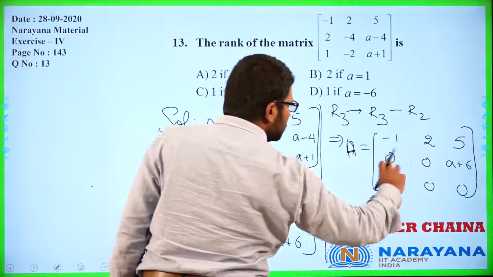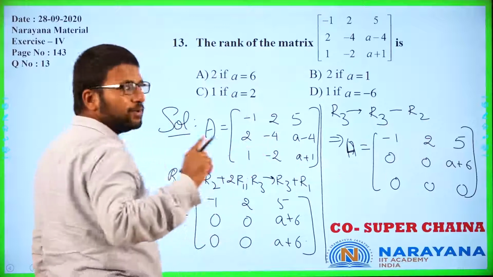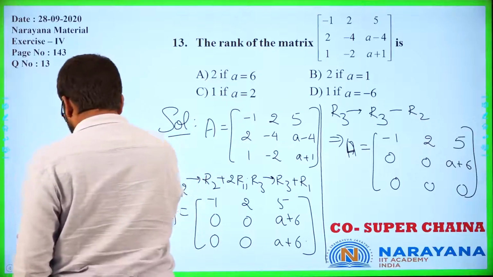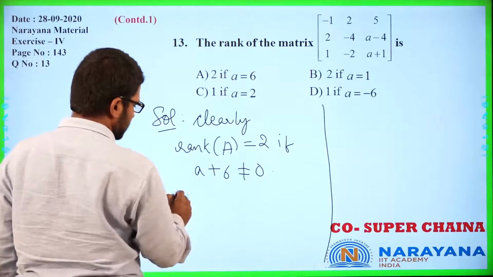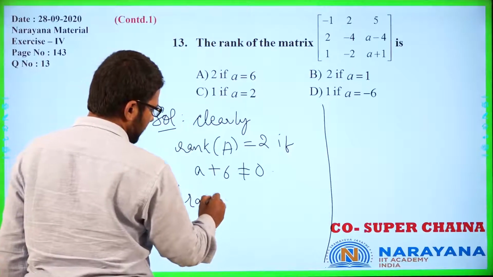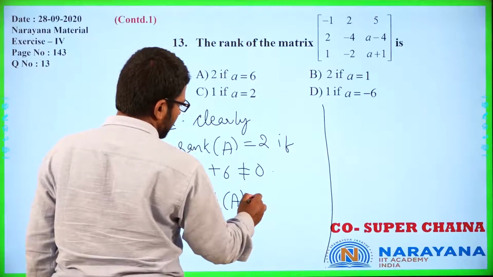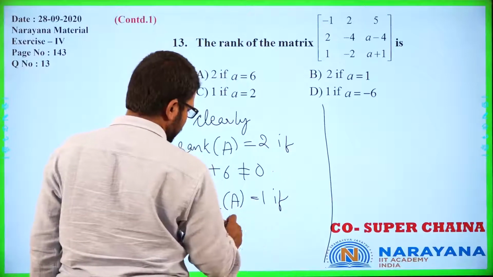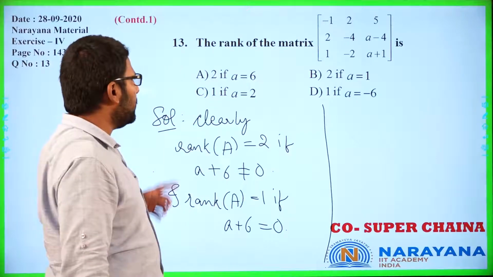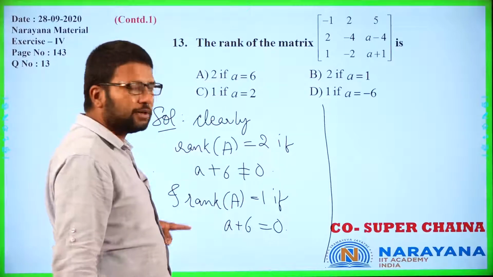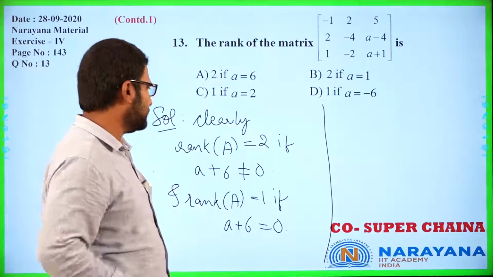And if it is 0, then rank becomes 1 because it has only one non-zero row. So rank of A is equal to 2 if A plus 6 is not equal to 0 and rank of A is equal to 1 if A plus 6 is equal to 0. So now among the options we need to figure out which options satisfy these conditions, right?